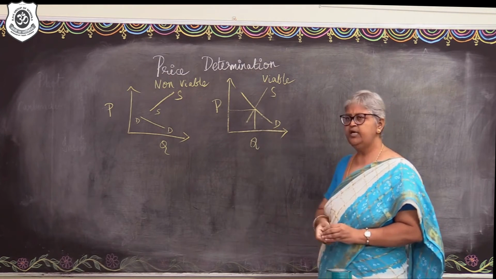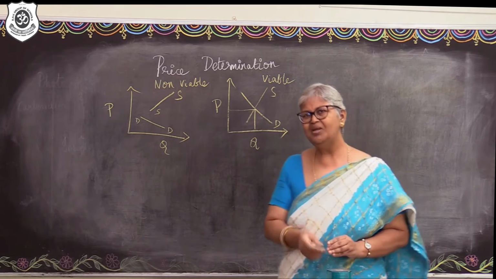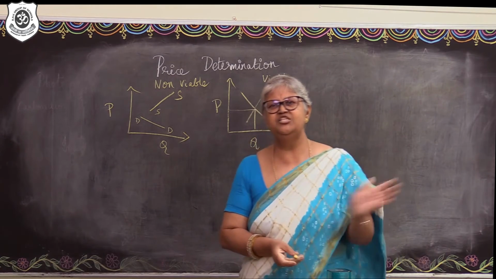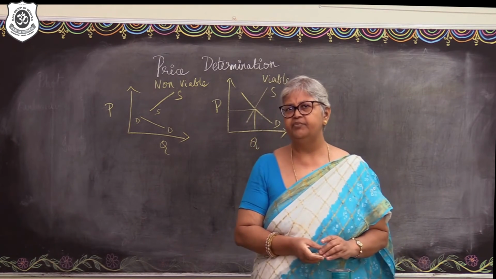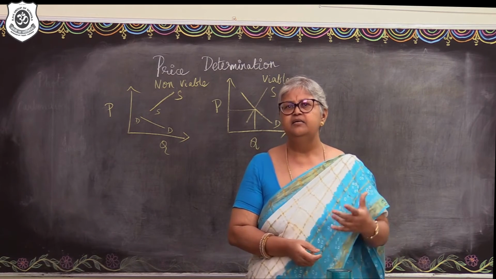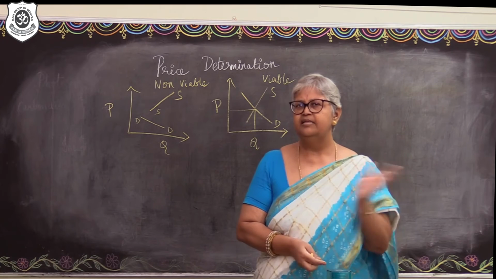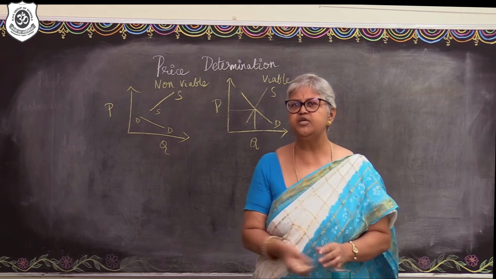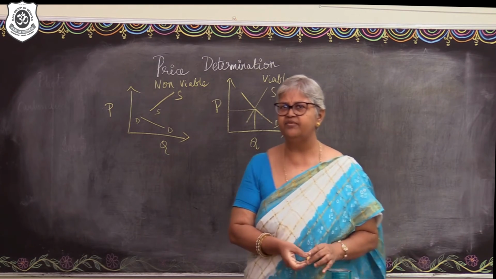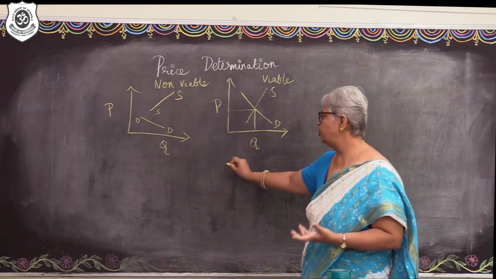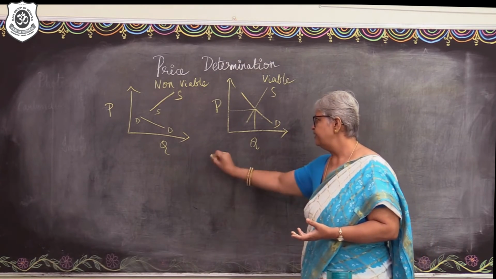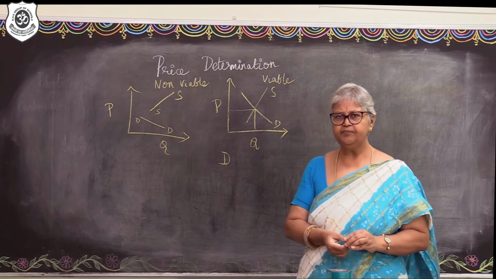Now from this equilibrium, when can there be a change in the equilibrium? You know that due to all other factors, there will be a change in the demand itself. I want you to quickly recollect the factors affecting demand.